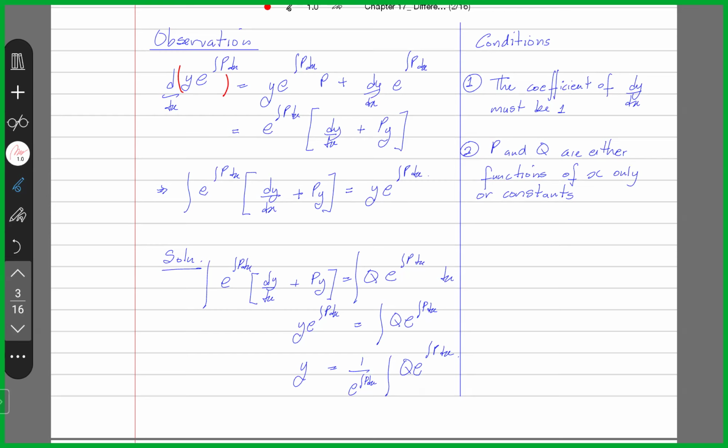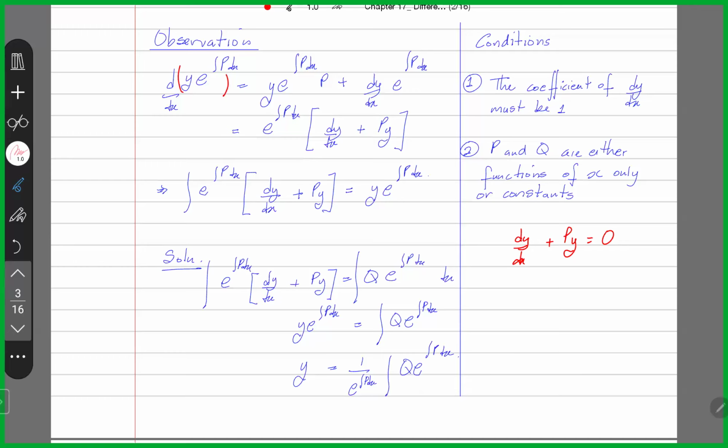So that's an observation. Now, the differential equation, remember, is dy by dx plus py is equal to q. That is what you want to solve.